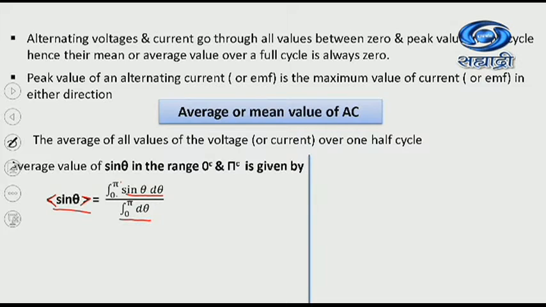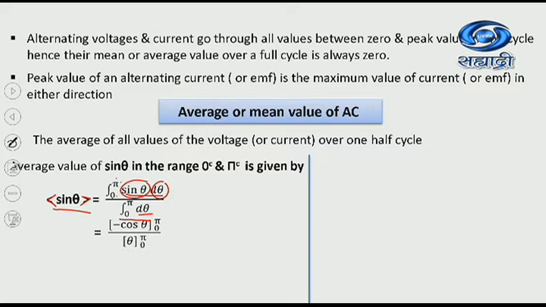Here we have to read this as integration of sine theta with respect to theta, where the limits are from 0 to pi, and in the denominator it is integration of d theta, limits from 0 to pi.